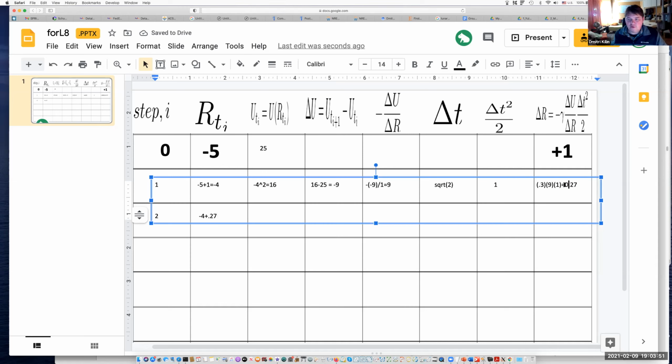I take what we computed at the end of the line. So minus 4 plus 0.27 will be minus 3.73, right? Yes. Okay.